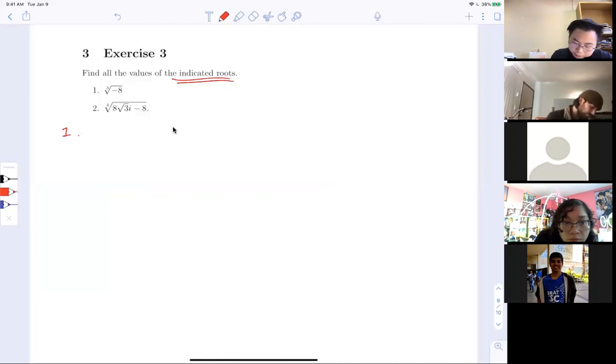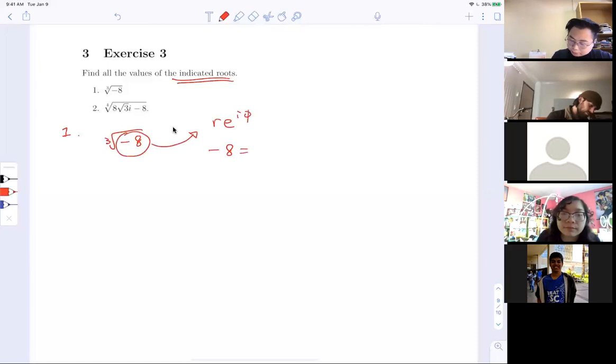So the first one is the cubic root of -8. For this kind of problem, we first try to write the number under the root in polar form, right? So -8 is 8 times exponential i pi, because -1 is exponential i pi.